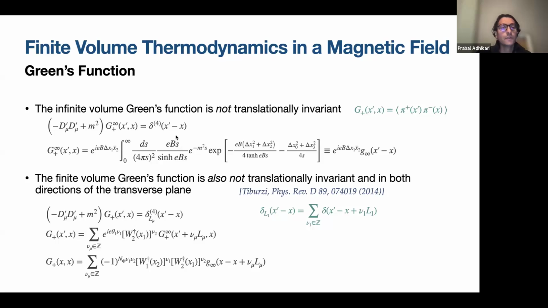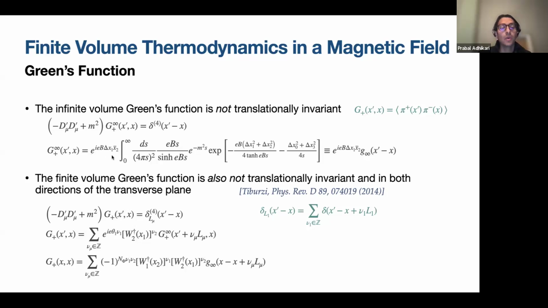So let's first look at the Green's function in infinite volume. Remember that we are in a magnetic field, which means that this operator has a gauge embedded inside it, and that gauge is naturally translationally non-invariant. This equation on the right-hand side is translationally invariant, which means there must be some non-translational invariance in G plus, the Green's function.